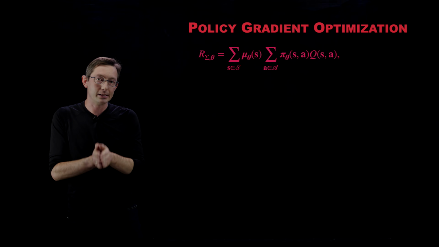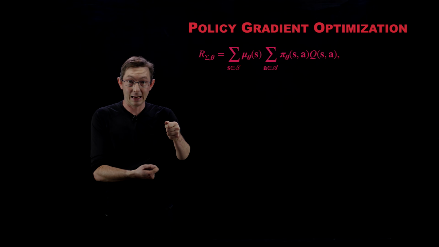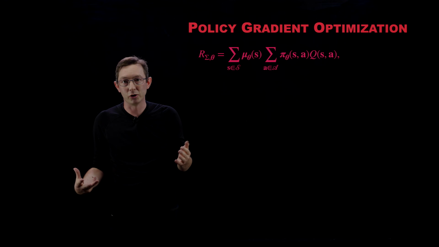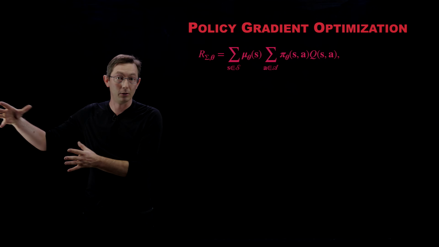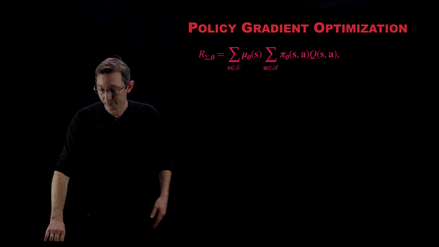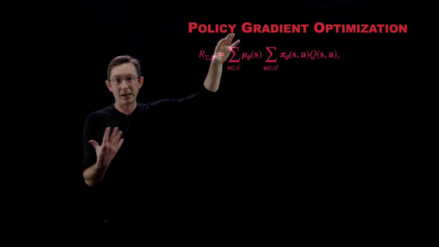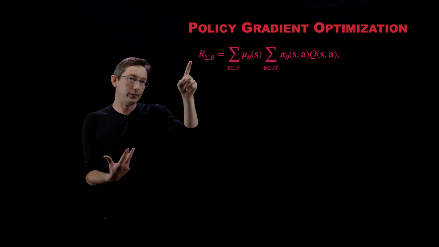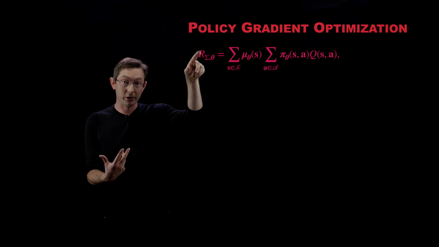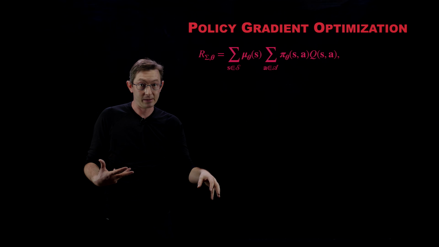If you have a policy function pi that is parameterized by some parameters theta, this could be a support vector machine, this could be some other kind of model, or it could be a neural network where the weights are parameterized by theta, then I am going to derive how, if you take the gradient of this cumulative reward function, you can get a signal to update your policy weights theta.